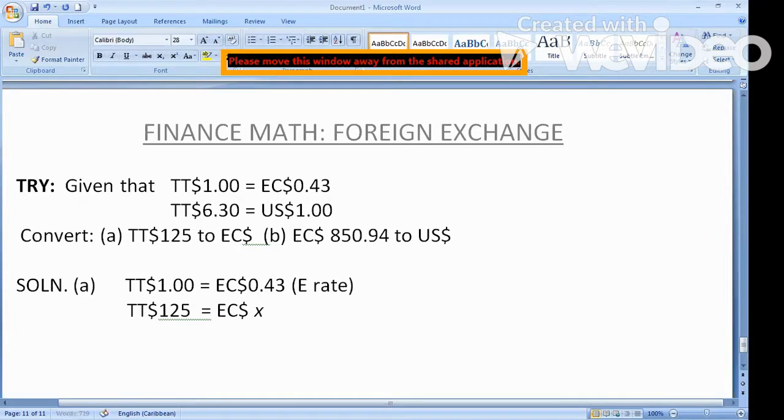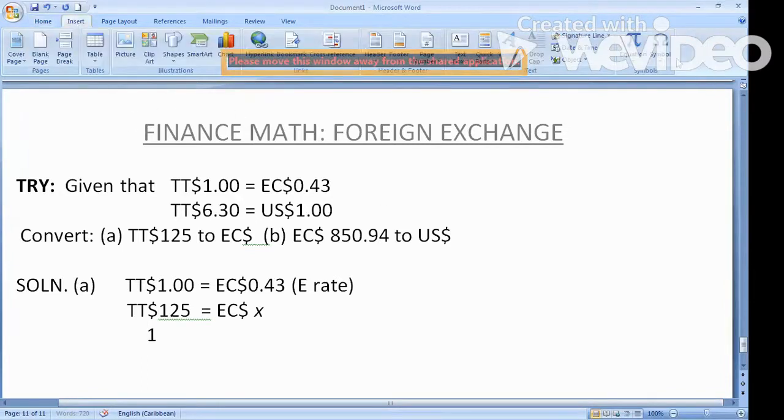So 1 times x equals 1 times x, which is equal to x.